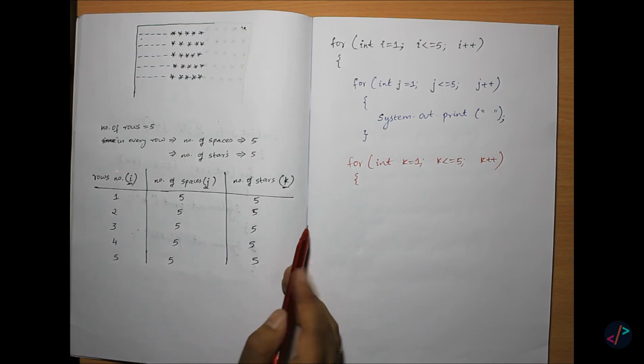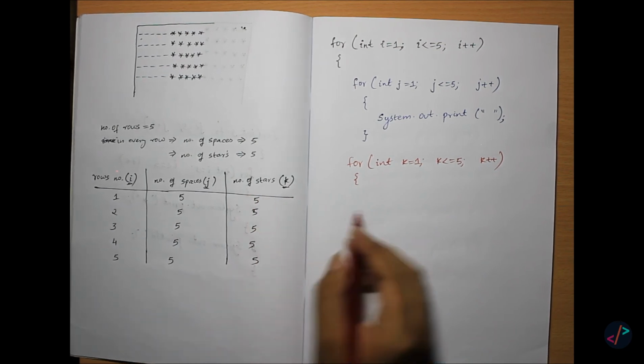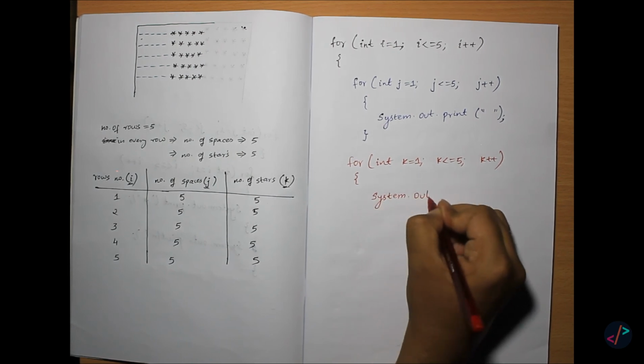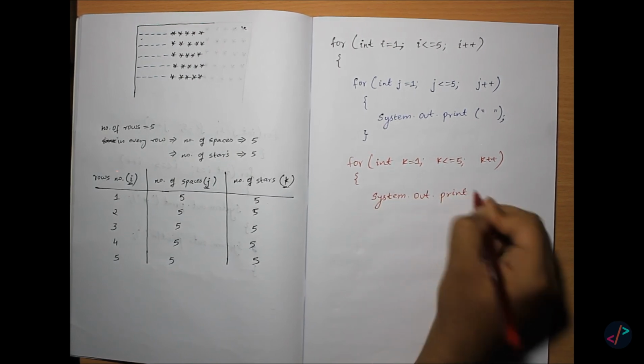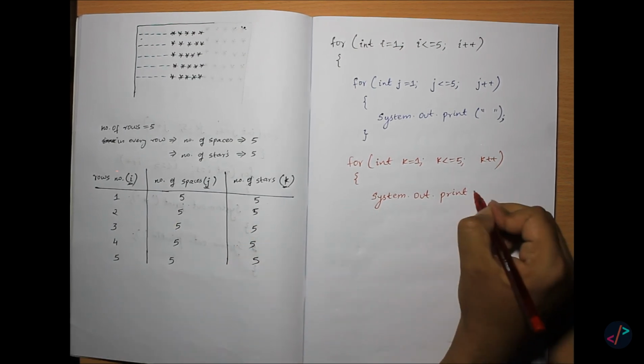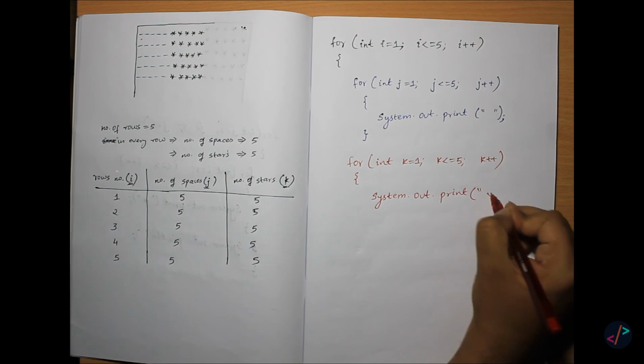This K is taking care of the stars. So inside this I will once again tell system dot out dot print or println. It is only print because I want those stars to come one beside the other. So inside print I will tell star.